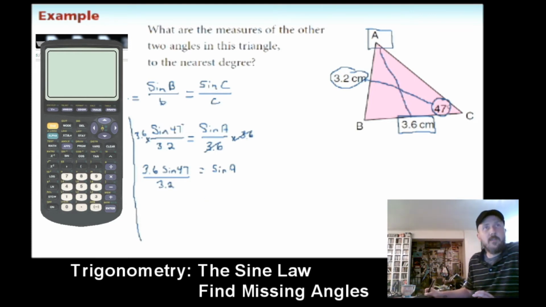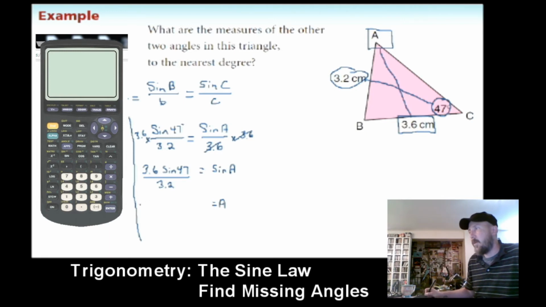Now there's one more step. Remember, in all these questions we want the A all by itself. It's got that sine word in front of it. If I'm trying to do the opposite operation of sine, I'm doing sine inverse. So I'm going to leave the A here.